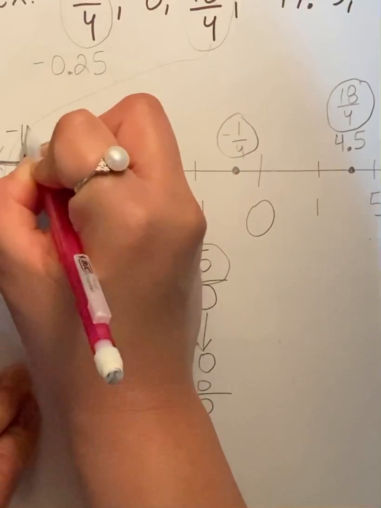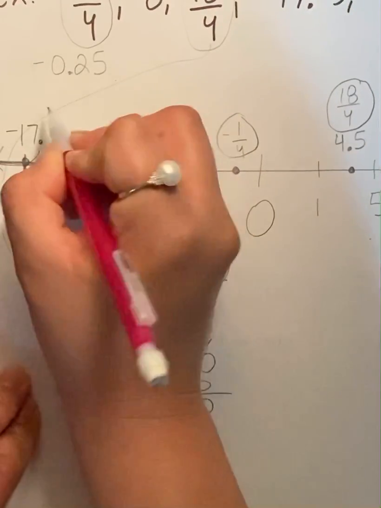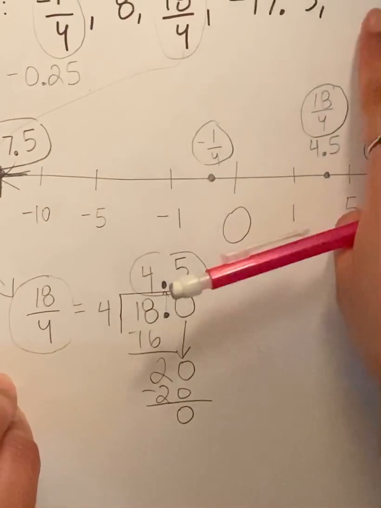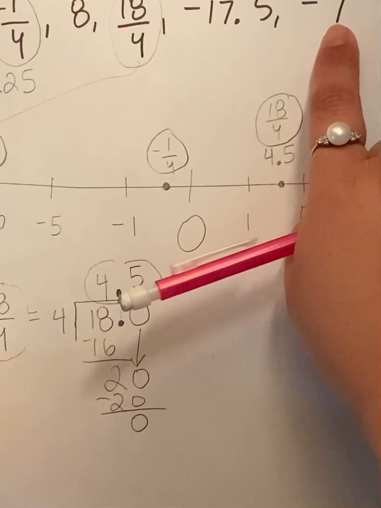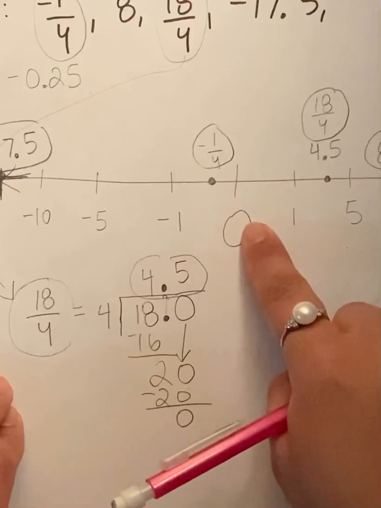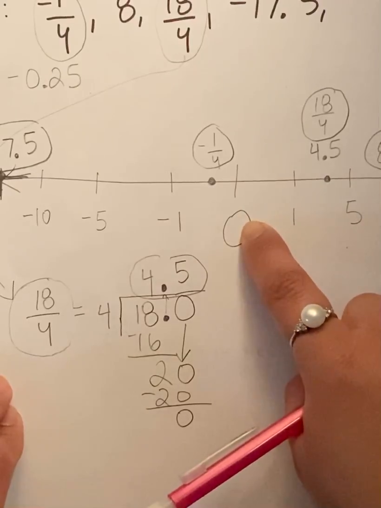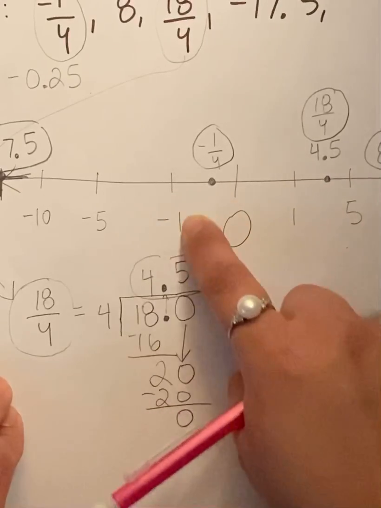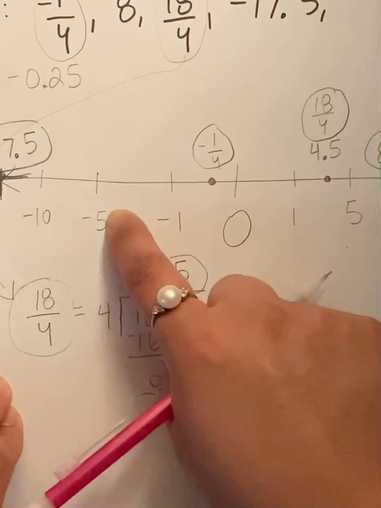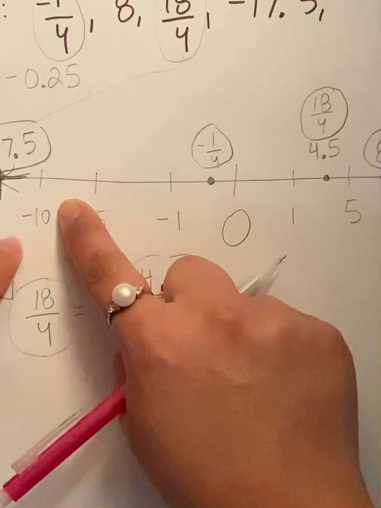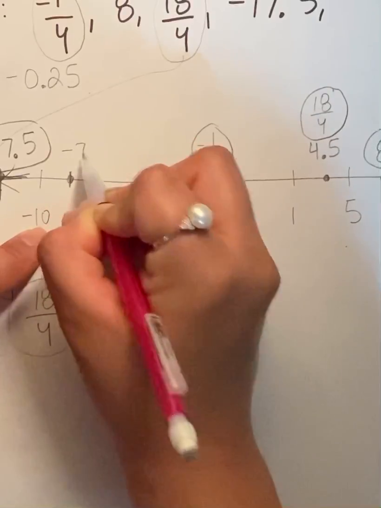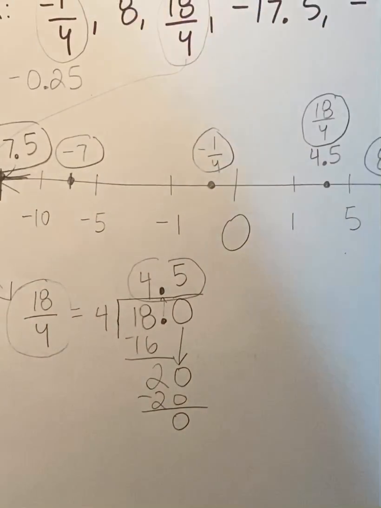So I'm going to go ahead and plot -17.5 and circle it. My last number is -7. So I am still on the left side of my number line. I start at 0, and I know that -7 is past -1 to the left. I continue to the left. I will pass -5, continue, but not past -10. So -7 goes somewhere here, and I circle it.